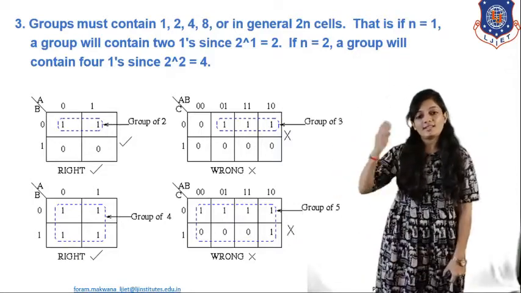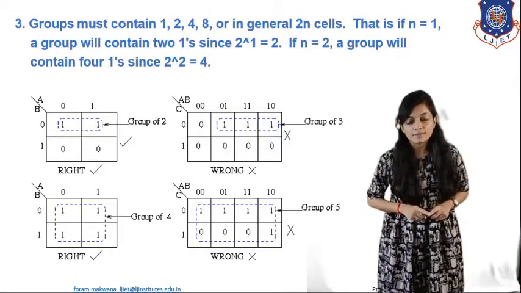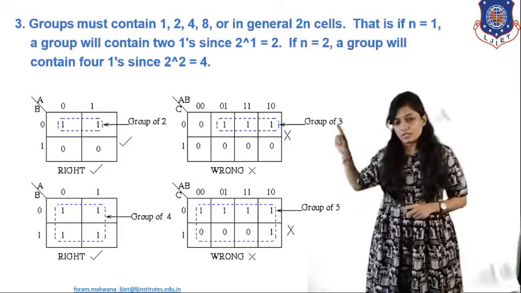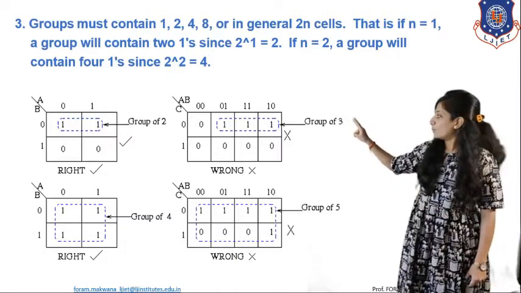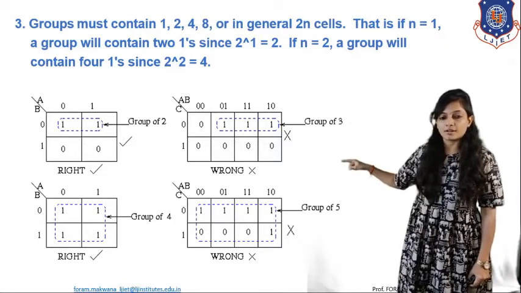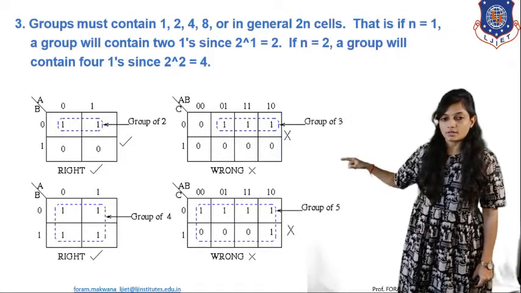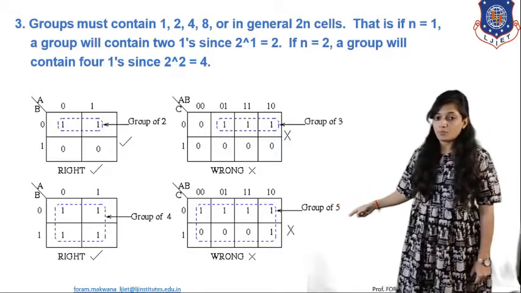Alright? If n is equal to 2, then it will contain a grouping of 4 ones. See, the first K map, in which we have made a group of 2 ones, is correct. But this one is wrong. It's not correct. Okay? We can make a group of 4, but we can't make a group of 5.